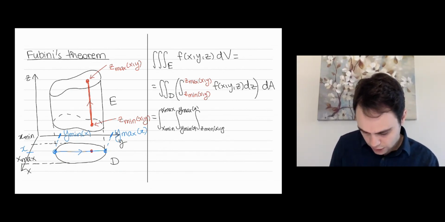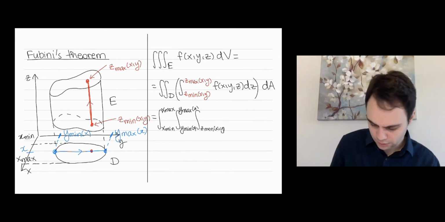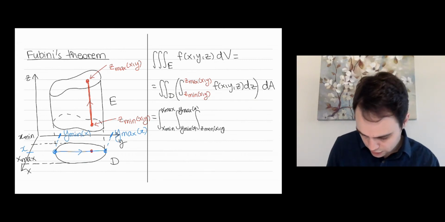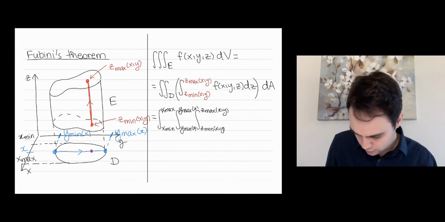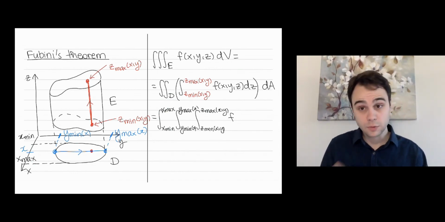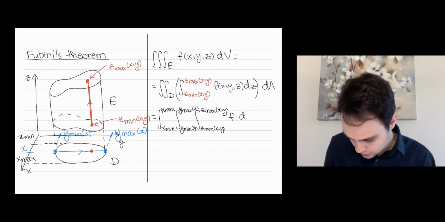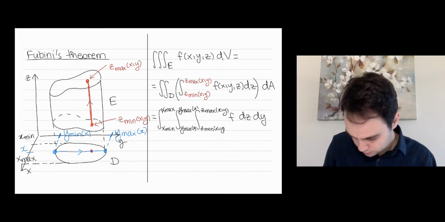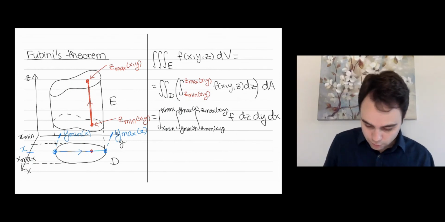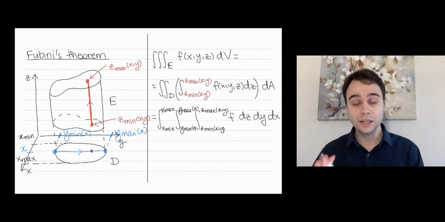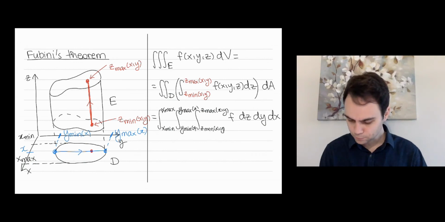The z will be integrated from some minimum value that depends on points x comma y in the region D, and the upper bound also depends on a fixed point of the region D. Then we integrate the function f of x, y, z. Let me omit the argument for the time being. So f times dz dy dx.